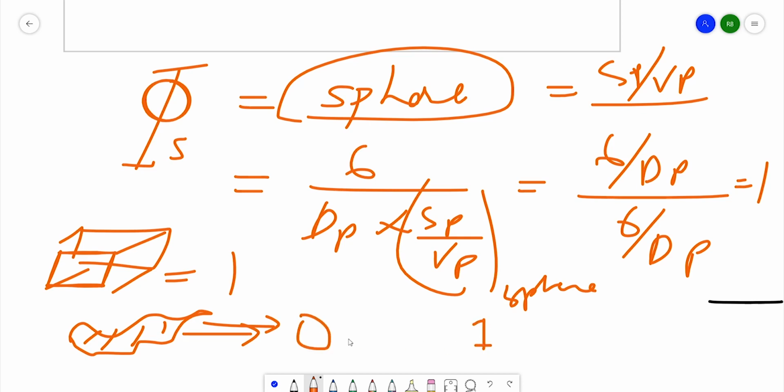Let's say this is 0.5 in the midway, so it will be somewhere here, because in no way does it look like a sphere. If a particle looks exactly like a sphere, the sphericity will be 1. If it doesn't look like a sphere at all, then it will be 0. And if it has some similarity to a sphere, then it will be between 0 and 1. Okay, that's the meaning of sphericity.